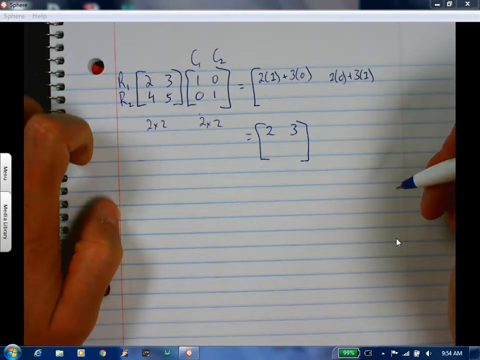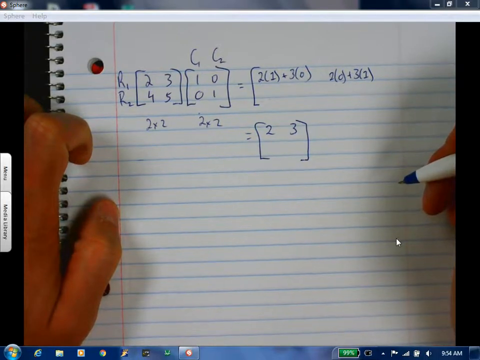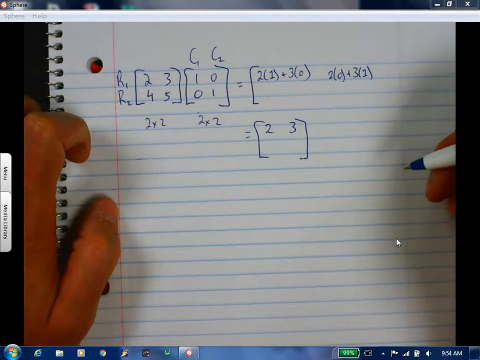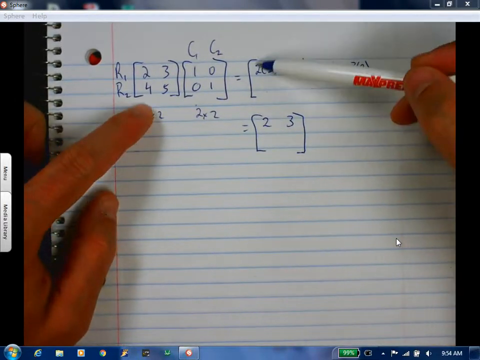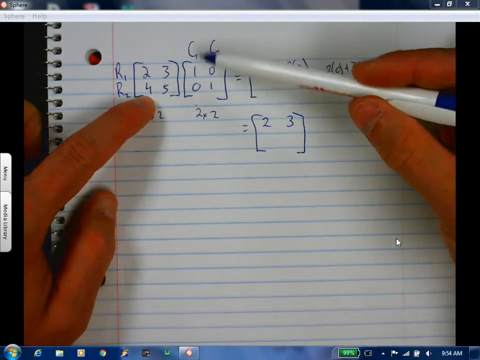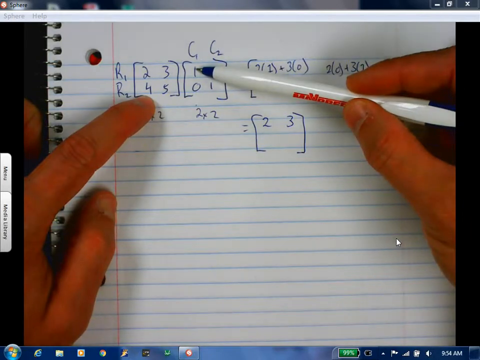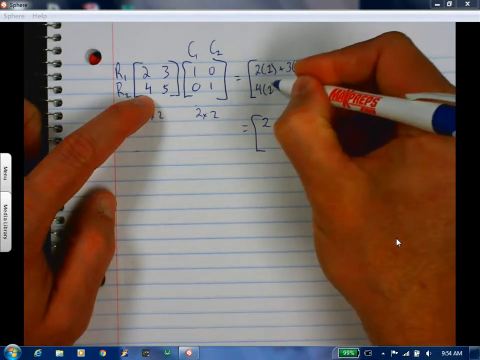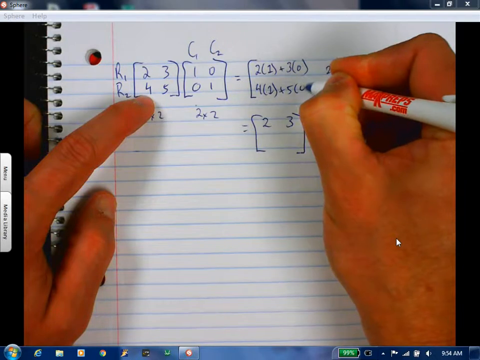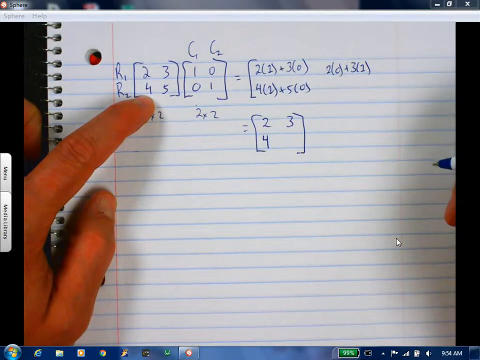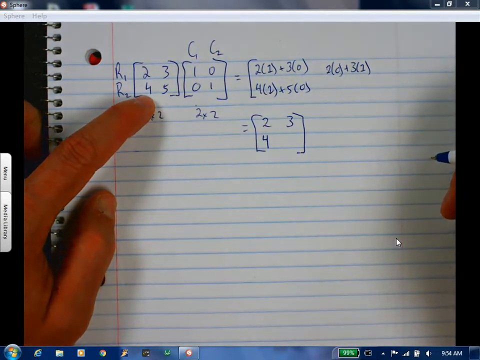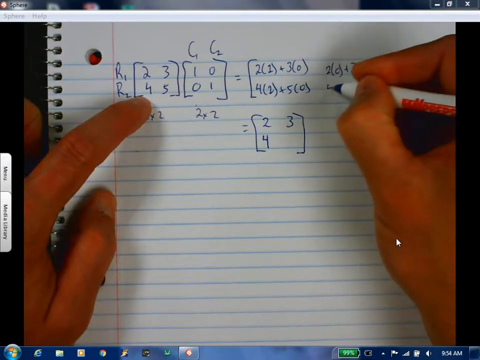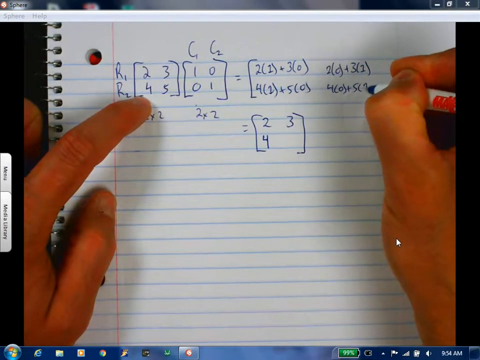You all remembering how to multiply matrices? Good review right here. We'll have to use it today again. 4 times 1 plus 5 times 0 is 4. 4 times 0 plus 5 times 1 is 5.